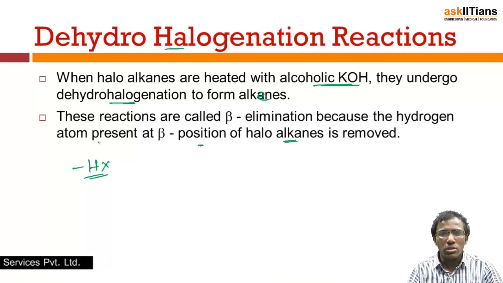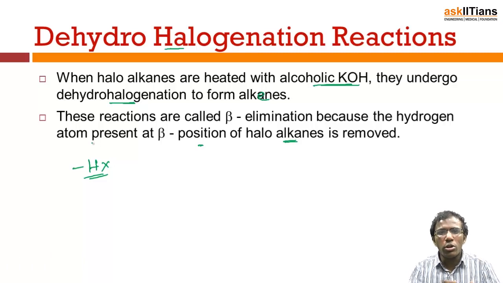It's not substitution, it's completely elimination because one molecule is removed, or eliminated, from the compound. That's why it is dehydrohalogenation. Hydrohalogenation is the addition of HX, so dehydrohalogenation is nothing but removal of HX.